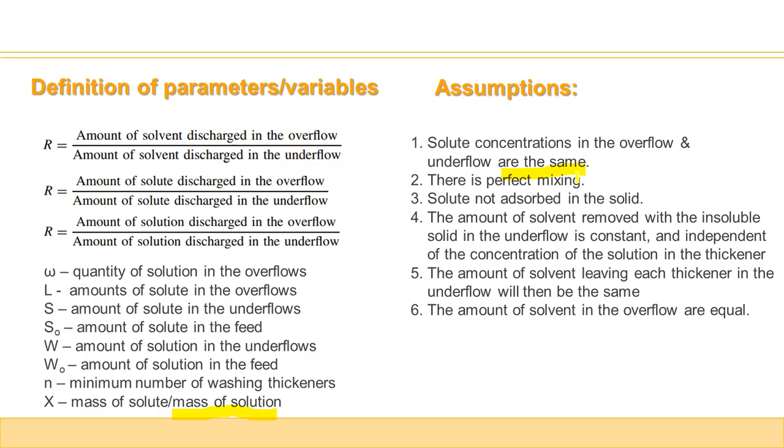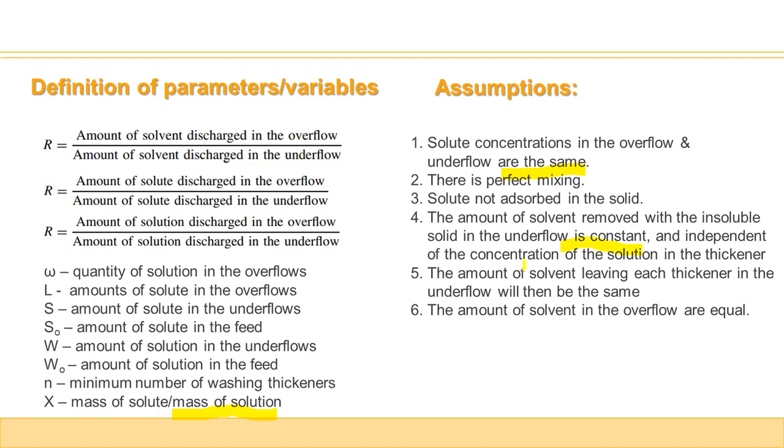So this does not depend on the concentration of the solution in the thickener. So meaning what varies here is simply the solute content of your solution, because it says here in number 4, the amount of solvent removed is constant. So it does not depend on the concentration of the solution.